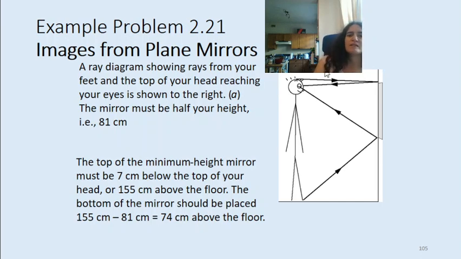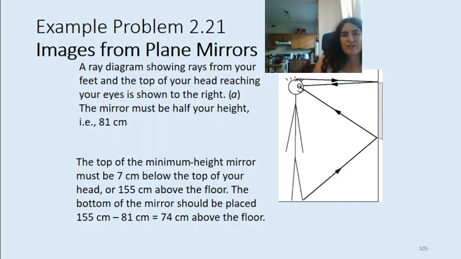So the top of my head is at 162 centimeters, so that means 162 minus 7, this needs to be 155 centimeters above the floor. And the total length of the mirror needs to be half my height, right? So 81 centimeters tall, right?